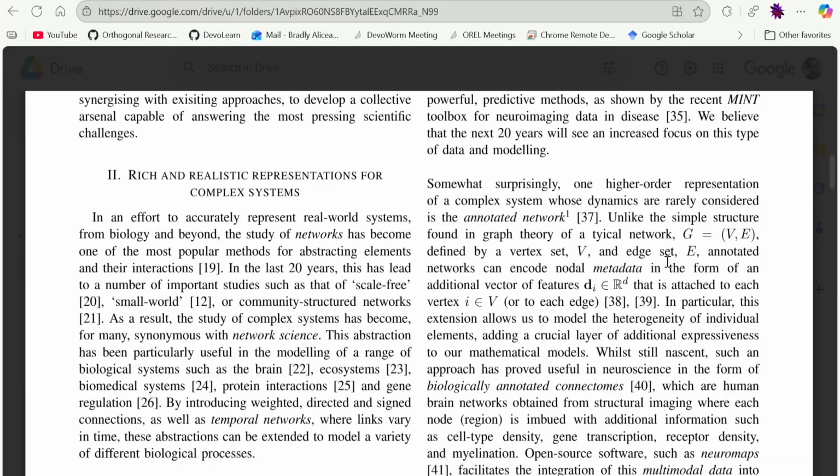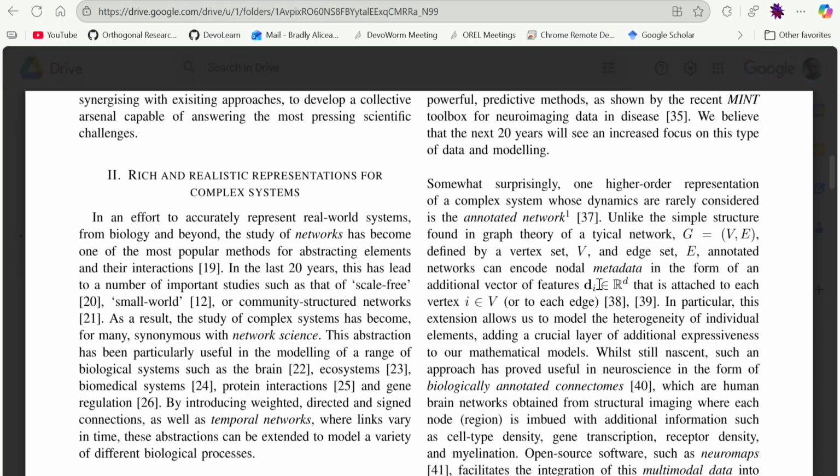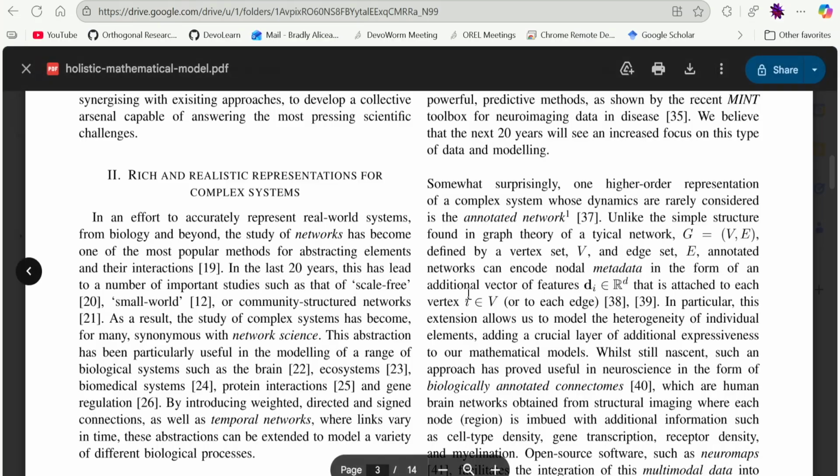Annotated networks can provide nodal metadata in the form of an additional vector of features D, with D sub i included in R^D, that is attached to each vertex or to each edge.